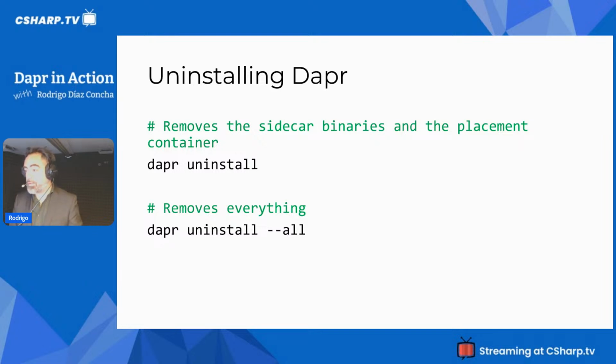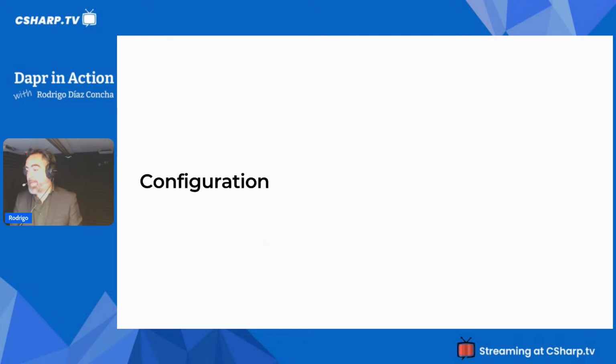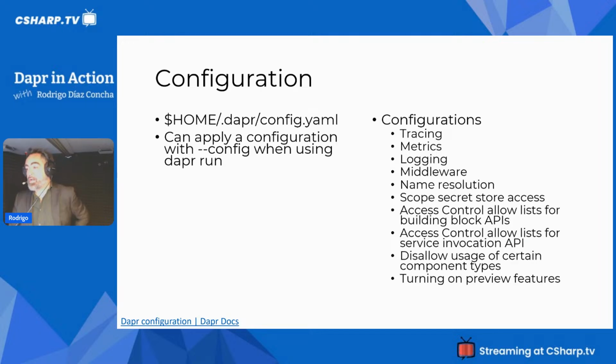If you want to uninstall Dapr, then you can execute dapr uninstall, and then this is going to uninstall the binaries. And if you want also to remove the containers, then you can pass that all flag, and that's it. So configuration is inside that config.yaml file that I showed you before. And this is the place where you can set some configuration, some cross-cutting concerns, such as tracing, metrics, logging, middlewares, and so on.